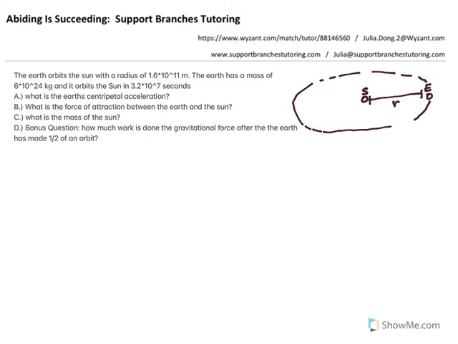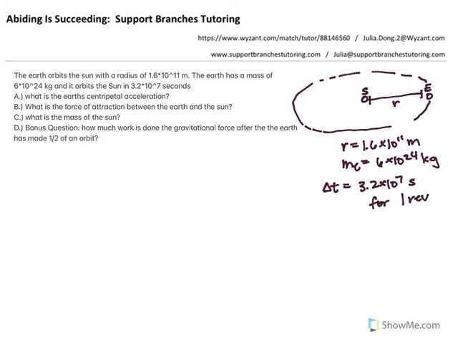It gives us the radius as 1.6 times 10 to the 11 meters, and the mass of the Earth as 6 times 10 to the 24th kilograms. And then it says that the Earth orbits the Sun in 3.2 times 10 to the 7 seconds. So that's how long it takes to make one complete orbit, for one revolution.